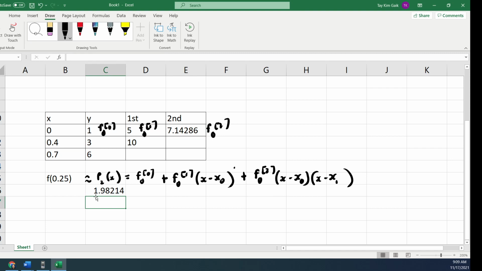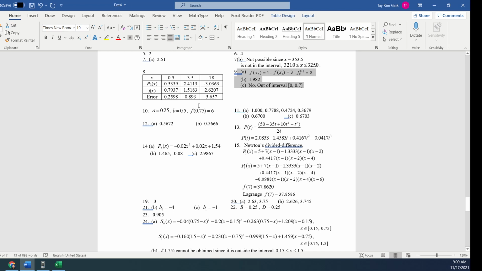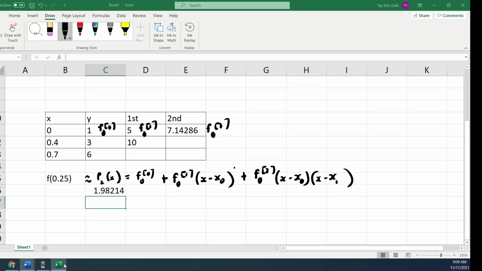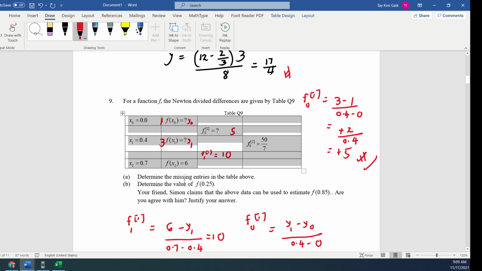So f 0.25 that you estimate using Newton divided difference is 1.98214. Checking here, 1.982, using 3 decimal places. So this is question B, determine the value of f 0.25.